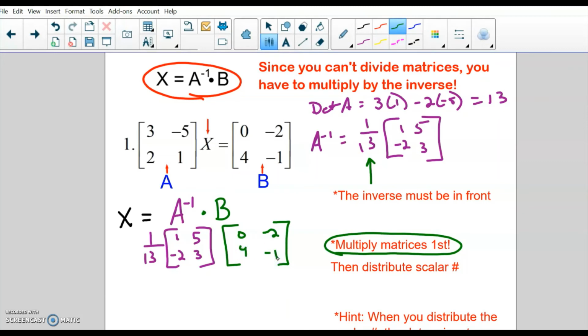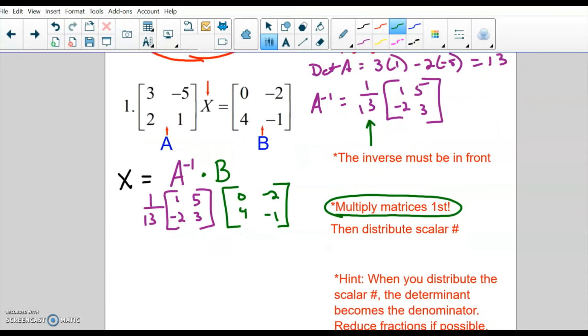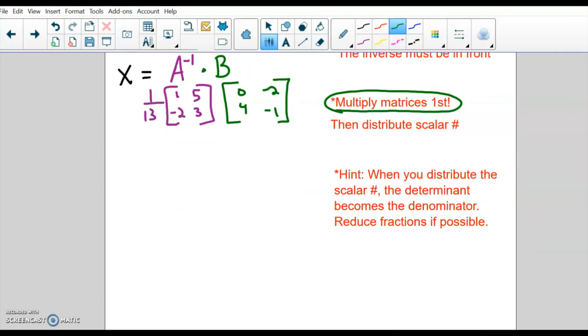So we're going to multiply the two matrices together first, and then we'll distribute the scalar.